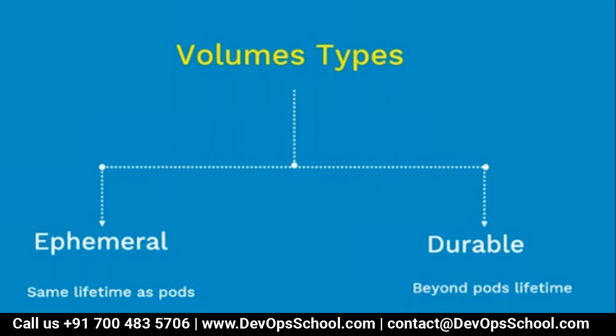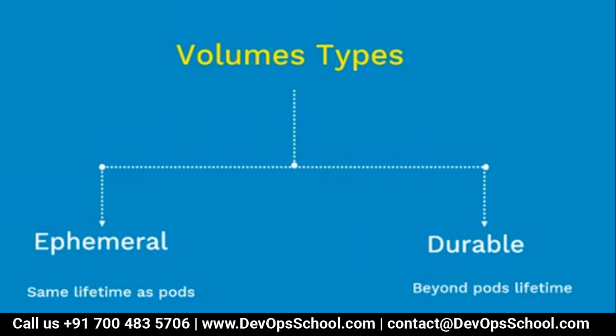So there are two types of volumes: one is ephemeral, another one is durable. What is ephemeral? Ephemeral has the same life cycle as the pod. That means when you attach an ephemeral volume to the pod, the volume exists as long as the pod is there. But if the pod is gone, the volume is gone.